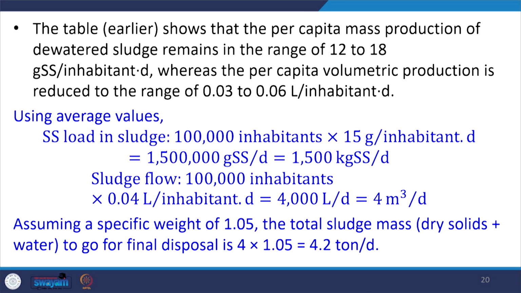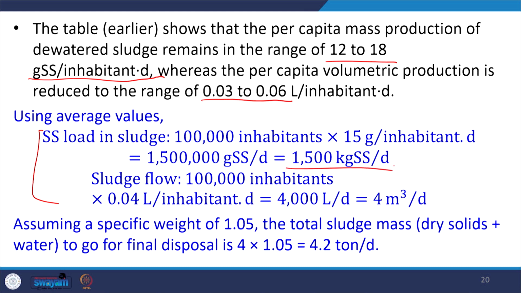Depending upon the dewatering technique, this data will vary, but we are assuming sludge drying beds to be used. So, the table earlier shows that the per capita mass production of dewatered sludge remains in the range of 12 to 18 gram SS per day, whereas the per capita volumetric production is in the range of 0.03 to 0.6 liter per inhabitant per day. So, using the average values we can calculate the SS load in the sludge.